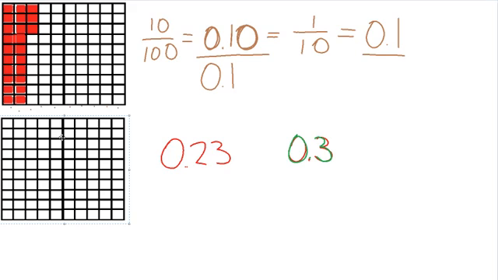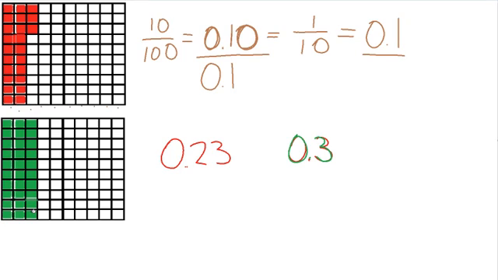And so I'll put in 3 tenths here. So there's 1 column out of 10, 2 columns out of 10, and 3 columns out of 10. So the red is the 23 hundredths, the green is the 3 tenths.